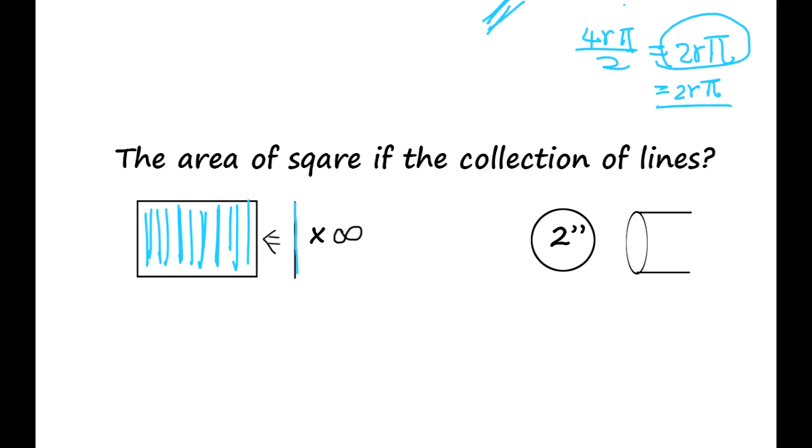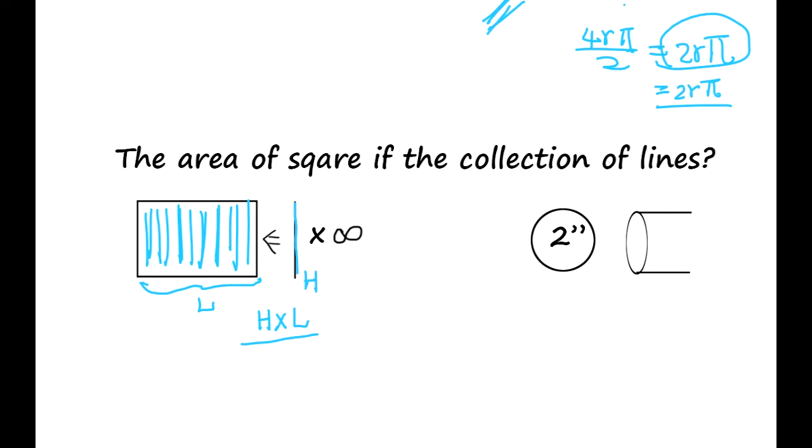So if this is H, the line segment, and it's collected for a number of lengths L, the area will be H times L. What's wrong with this? You can have an infinite number of lines, because even if they are that thin, if you have an infinite number, it may cover this entire area. Is that correct? No, the math has to be very accurate, very precise.